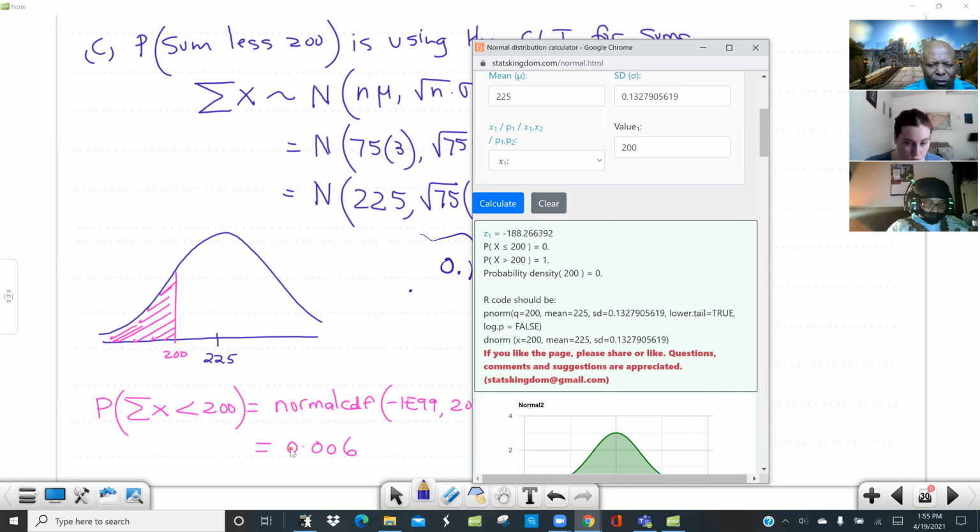So it is 0.006, but it's really 0. So there's no chance. It is telling you, if you take a group of 75 and you add up their stress scores, the likelihood of having a group with a total less than 200 is not there, is 0.